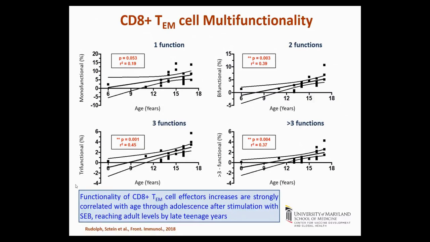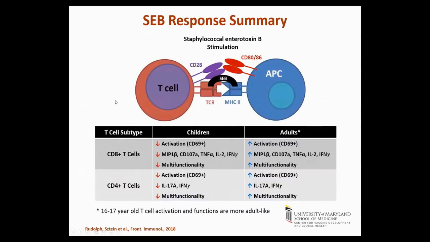Again, indicating that the functionality of these CD8 positive T effector memory cells are strongly correlated with age through adolescence, in this case, after stimulation with the superantigen. And this is important, they reach adult levels by the teenage years.